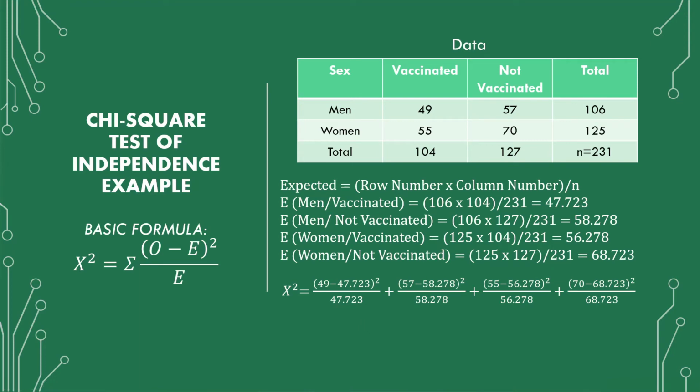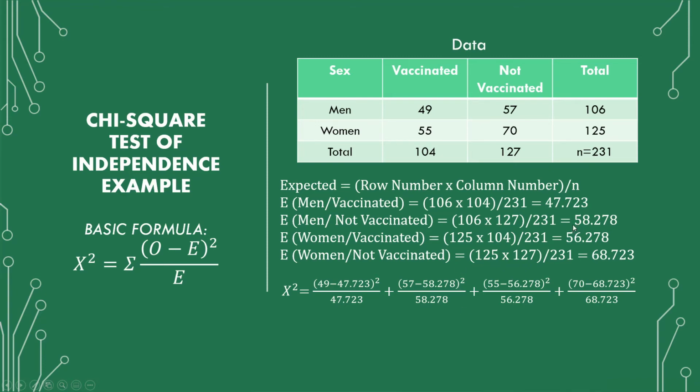The next step is calculating the statistic with the information that we have. I'm just using the formula over here. For men that are vaccinated, I have 49 minus the expected 47.723, squared, divided by the expected 47.723. I do that for the rest. So we have 57 for the non-vaccinated men.